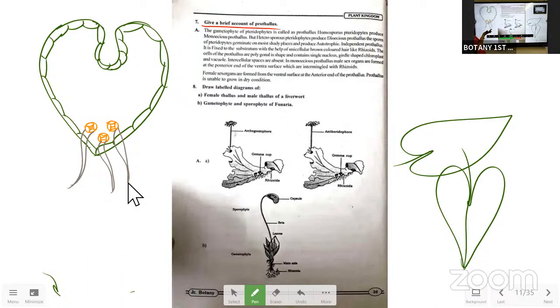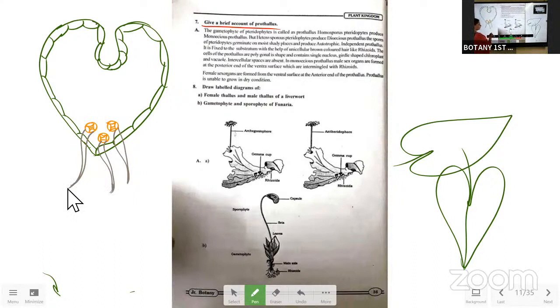The water is not very deep, like after the rain when water is present on the grass. Only in such waterlogged areas can this prothallus occur. The rhizoids help in absorption of water and a little attachment to the soil.